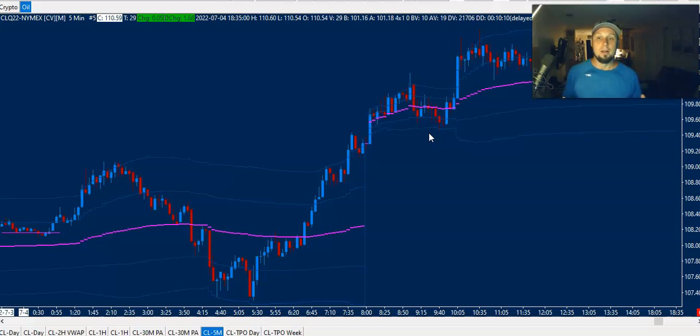Now, one of the huge things that I gain value from when I use VWAP in tandem with the market profile is it really gives me a good idea as to how we're setting up to move outside of value and outside of balance into a trending scenario, right? If we're in balance and consolidating, there's only so much opportunity there.